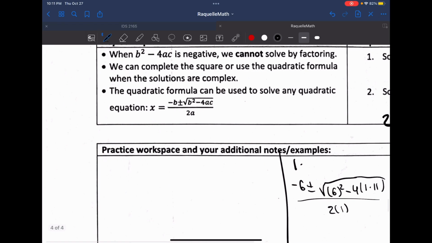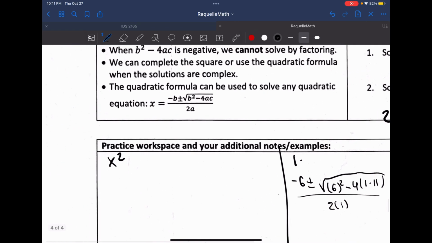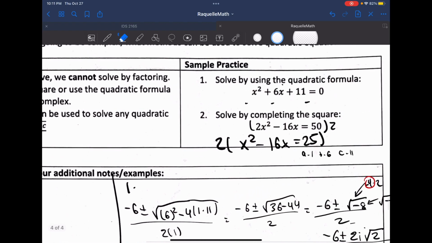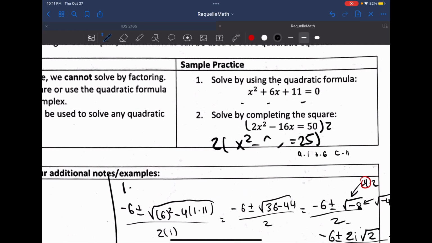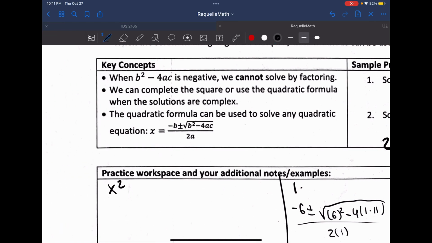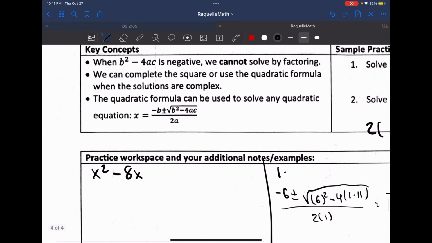So x squared minus 8x, because we're dividing by 2. Minus 8x plus blank. Since we're completing the square, I like those blanks.